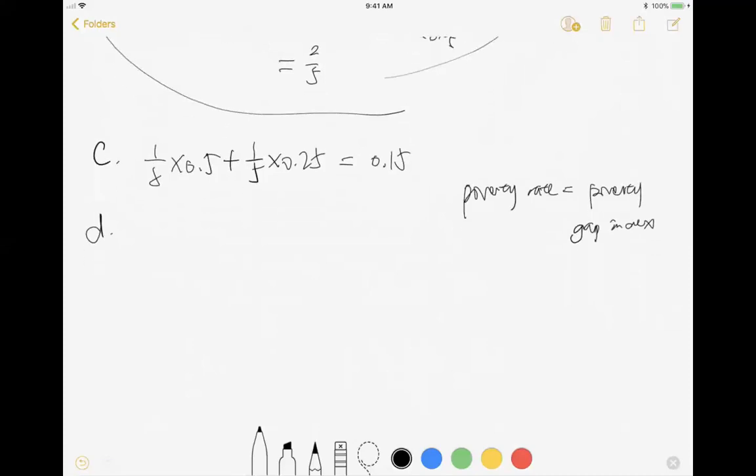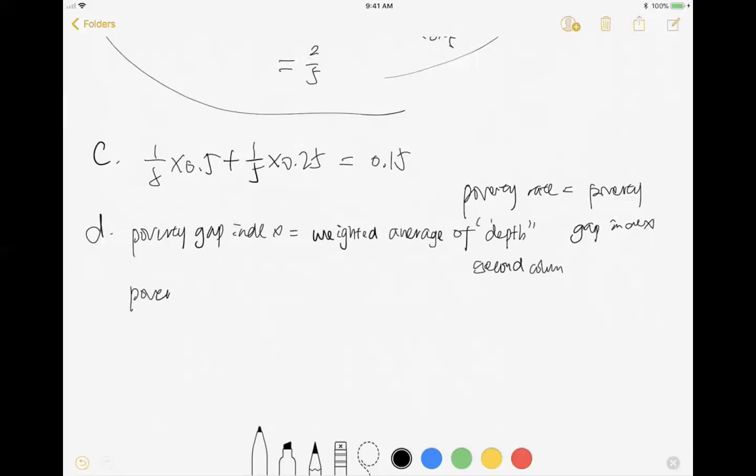So the poverty gap index is the weighted average of the depth, of the second column, while the poverty rate equals the weighted average of the poverty indicator I just introduced to you.